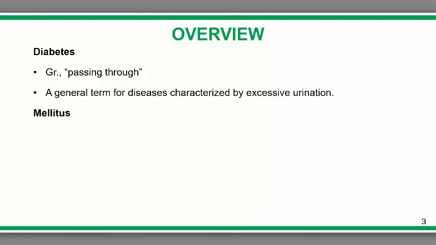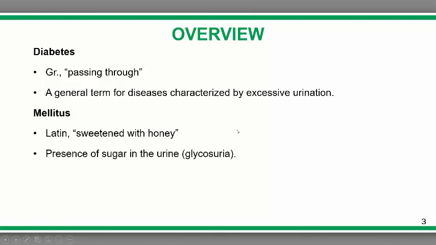Now, when we associate diabetes with the term mellitus, mellitus is a Latin-derived term which means sweetened with honey. And that suggests that this is a condition characterized by an abnormal amount of sugar in the urine, which the technical term for is glycosuria.